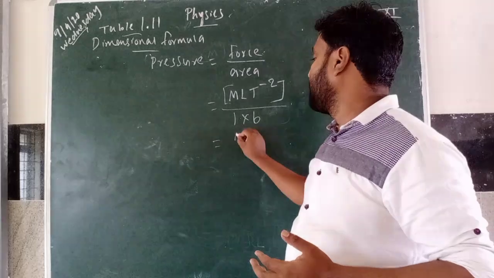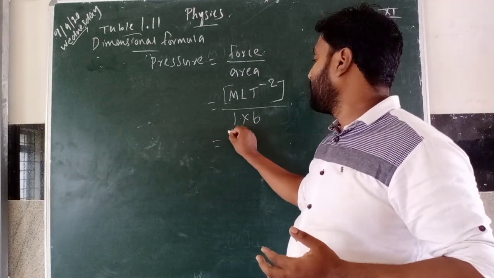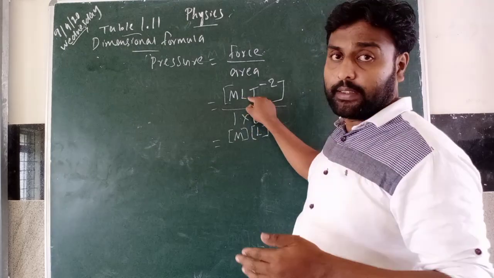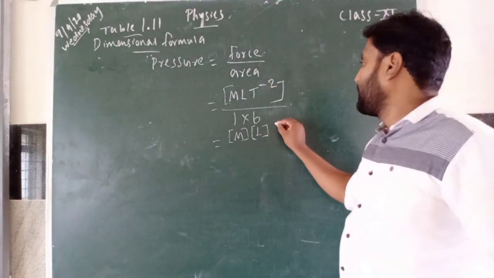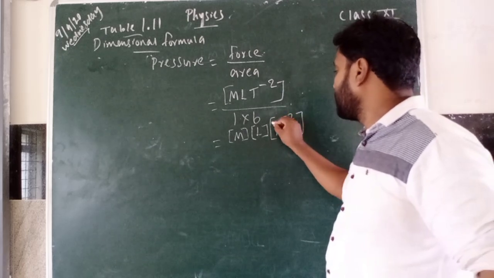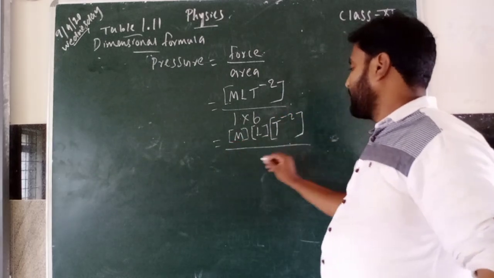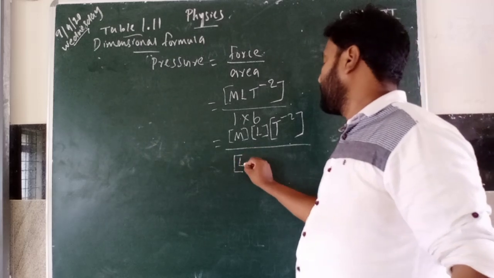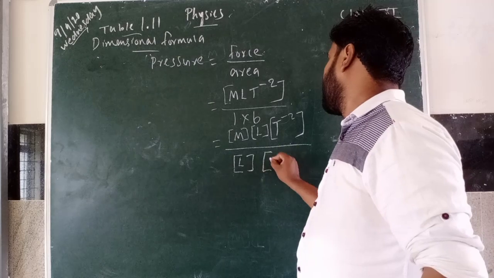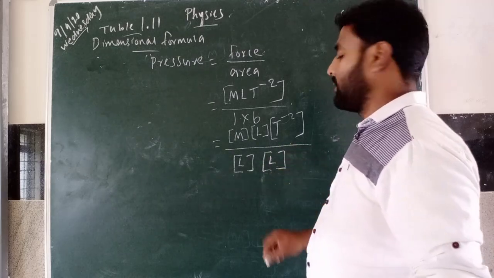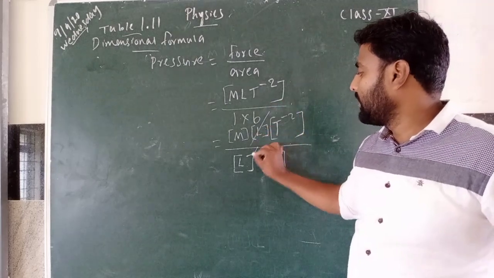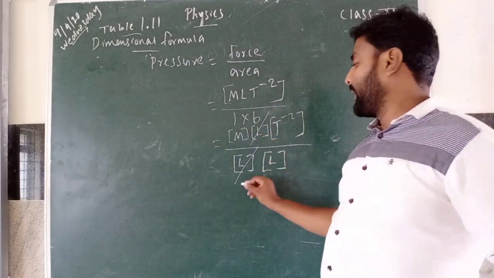So M L, separate this, split this, T power minus 2 divided by L, again L. Now you see L, what you can do? You can cancel. So what is remaining?